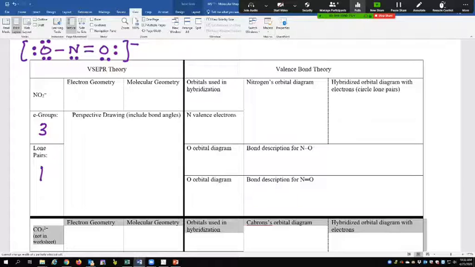We've got linear, we've got trigonal planar, we've got tetrahedral, trigonal bipyramid, octahedral, bent, angular, seesaw, T-shape. Anybody? How do 3 balloons get away from each other?